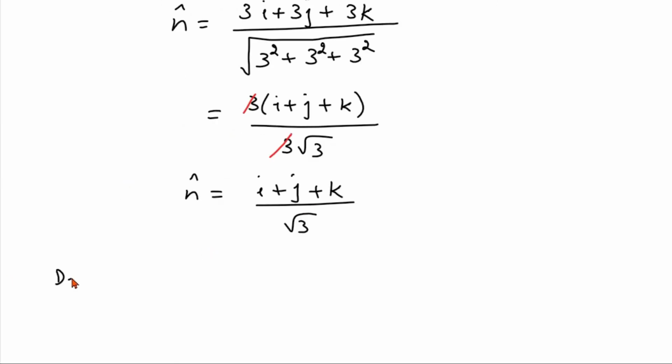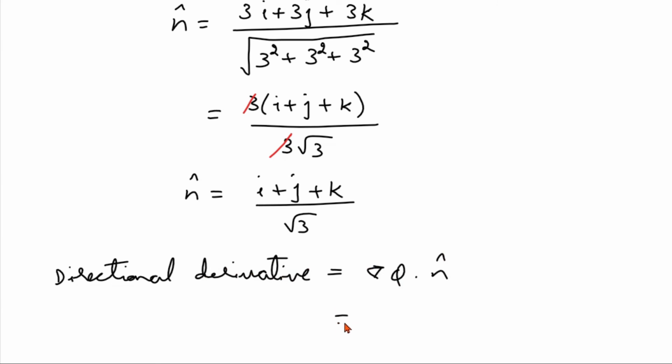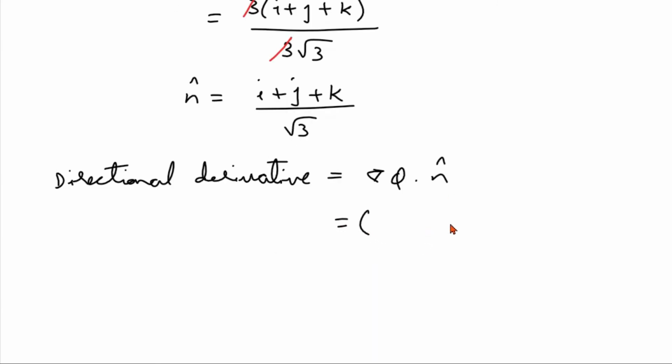Therefore now I need to find the directional derivative. The directional derivative will be nothing but del phi dot n cap. The del phi value has already been evaluated; it is i plus j plus k.